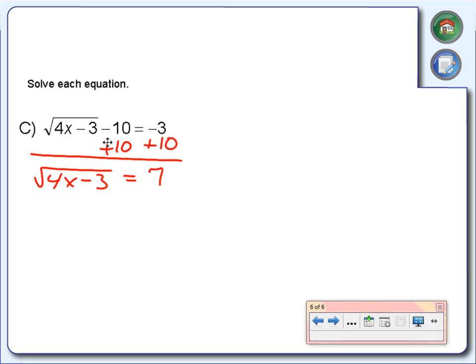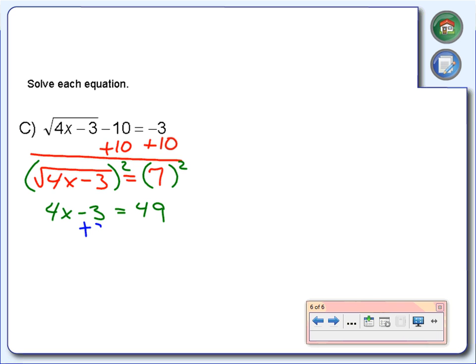Since I've got my square root isolated, now we can go ahead and square both sides to get rid of it. So if I square the left-hand side, that leaves me with 4x minus 3. If I square the 7, that gives me a 49. And all we got to do now is solve it, just like we would a linear equation.